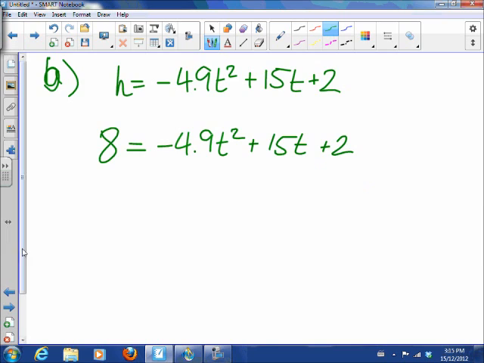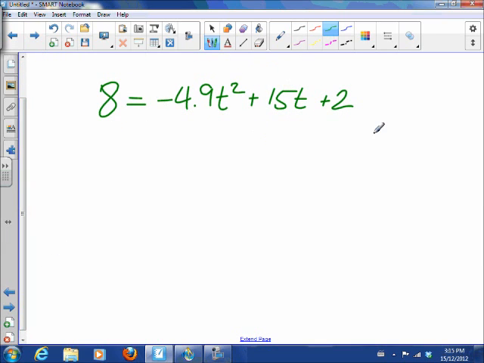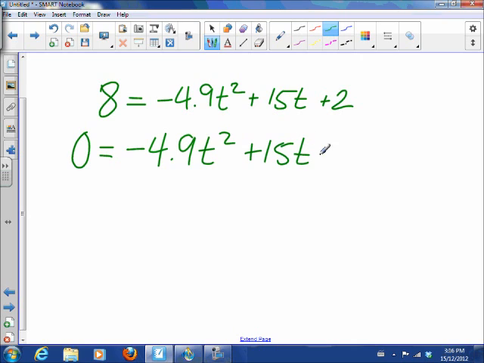Now, this is standard form, so we want to use the quadratic formula, but it's not equal to 0, it's equal to 8. So that means that I want to bring that 8 over. So I have negative 4.9 t squared plus 15t minus 6, so plus 2 minus 8, because I need it to be equal to 0 for me to use the quadratic formula.